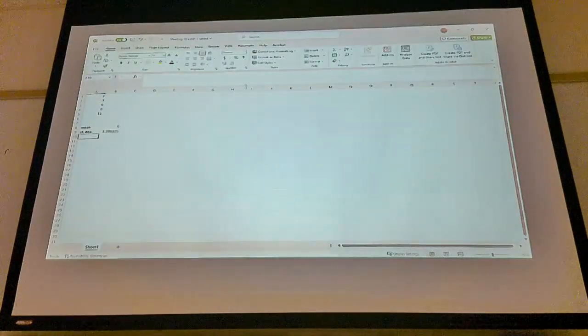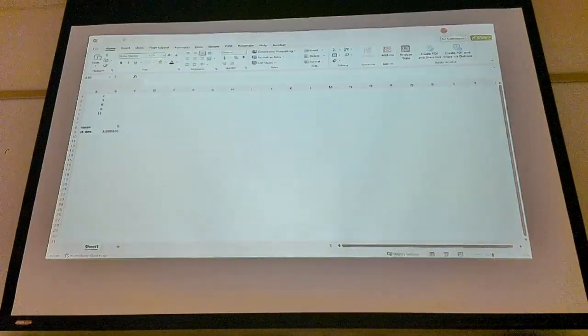And let's go to 3 decimal places. So 3.29. Alright, so I'm just going to write those at the top.